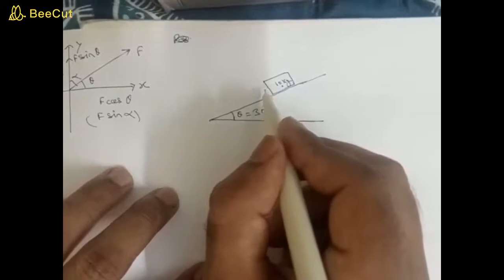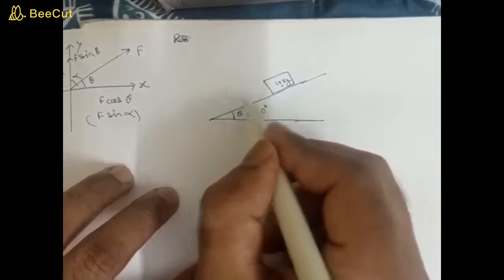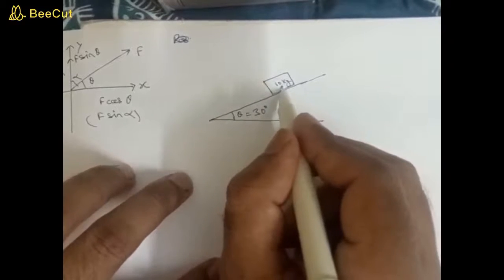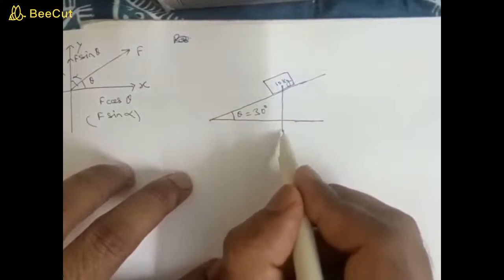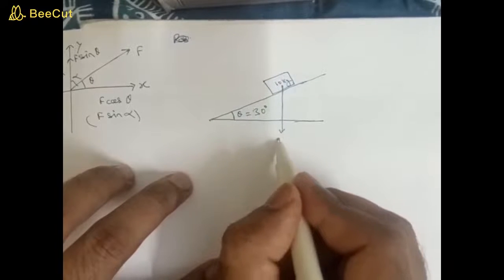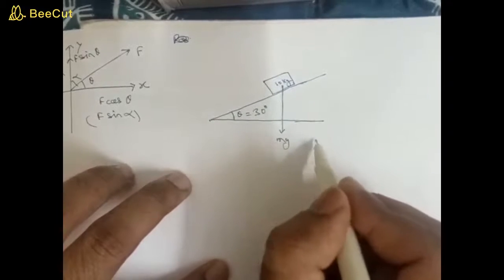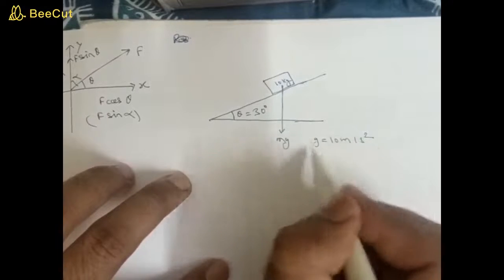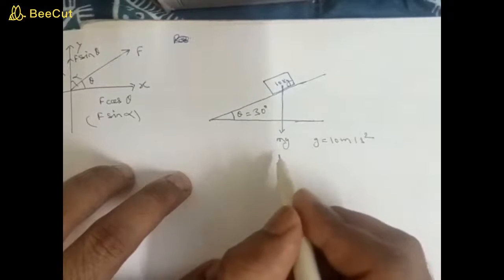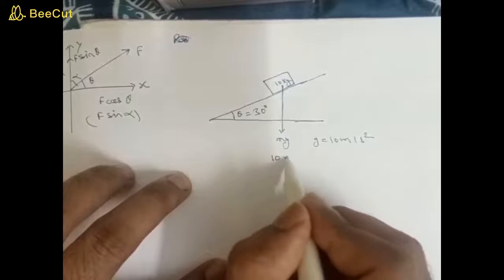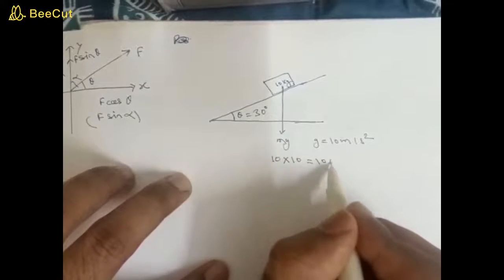We have to calculate the forces along this inclined plane and perpendicular to this inclined plane. The weight of this block will always act downwards, so mg, suppose g is equal to 10 meter per second square. For simplicity, we have taken g equal to 10 meter per second square. So the value of mg will be 10 into g, which is 10, equal to 100.